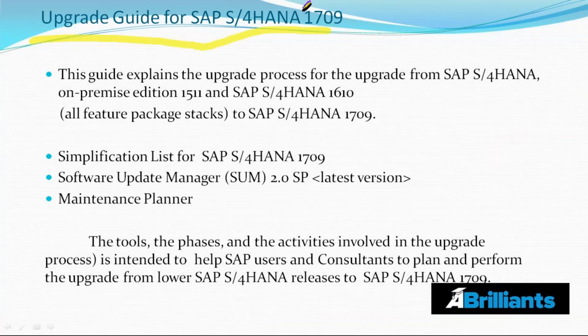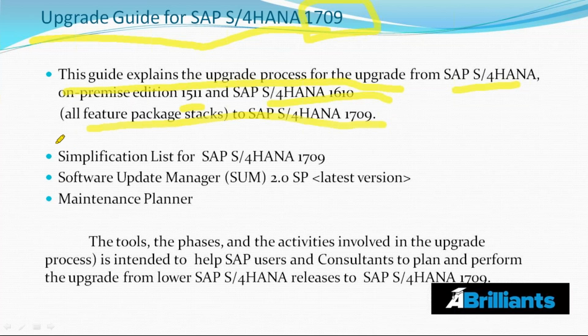This version is HANA 1709. 1709 is the most recent version of HANA, and this slide gives you an explanation, from an end-to-end approach, of how to upgrade from our previous SAP system, which is on-premises 1511, and our cloud system 1610, to our most recent system, HANA 1709.